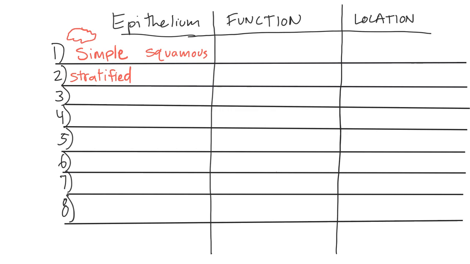And these are a great example of how the structure is tightly associated with the function, right? In a simple squamous epithelium, we know it only has one layer, so it's not going to provide a really great barrier. It's actually something where we want things to go through. So its function is filtration and sometimes it secretes substances as well.